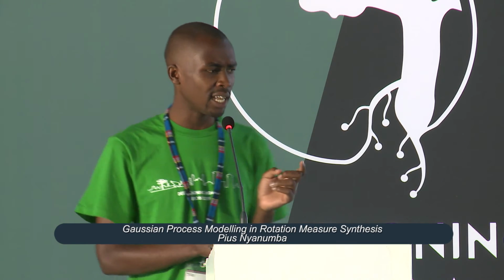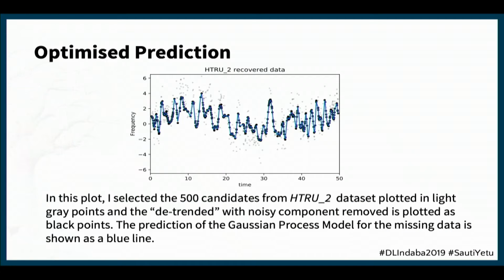16,000 of them were affected by RFI, and only 1,600 candidates were real candidates. I selected 500 data points. In this plot, the gray points are the points which I selected, the black points are the points with the noise component removed, and the blue function shows the prediction of the Gaussian process model.